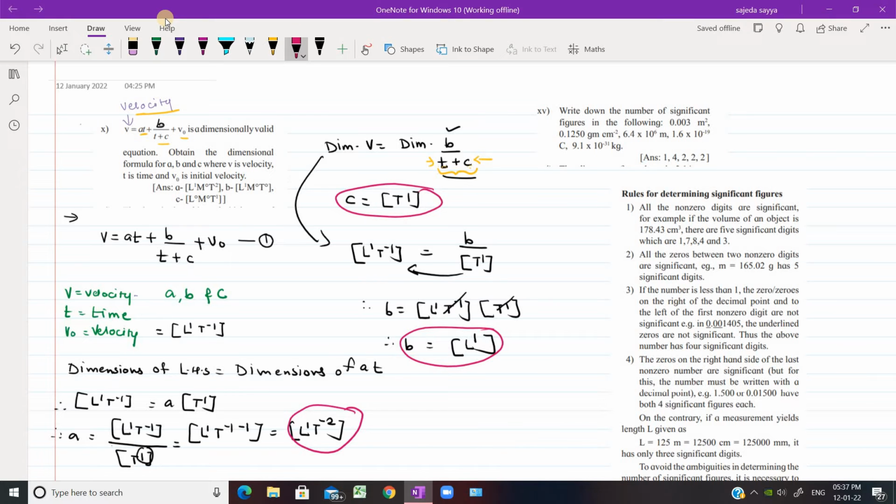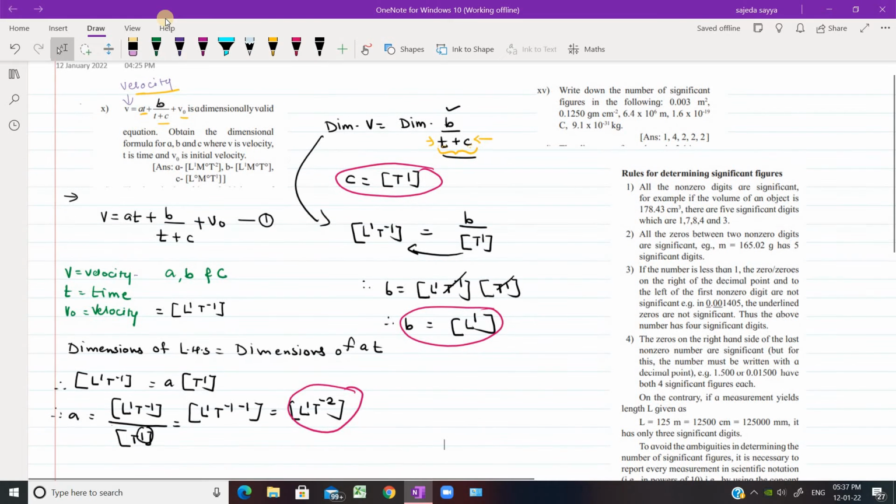Now, let us discuss the last example, which is based on significant figures. Significant figures have some rules. So, while explaining this problem based on significant figures, I will explain the rules also.